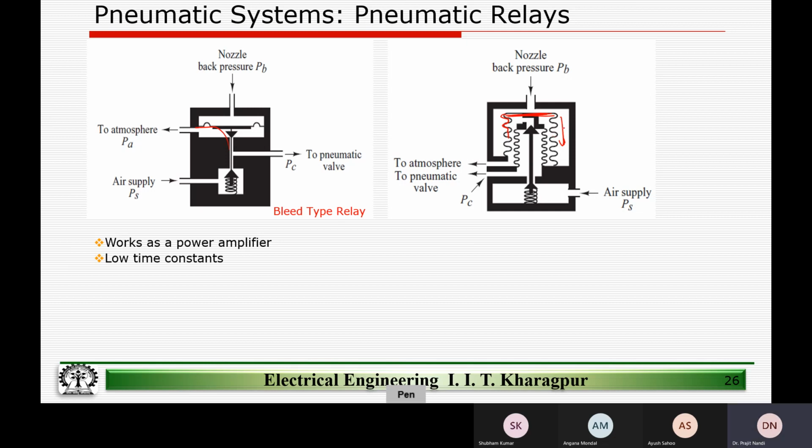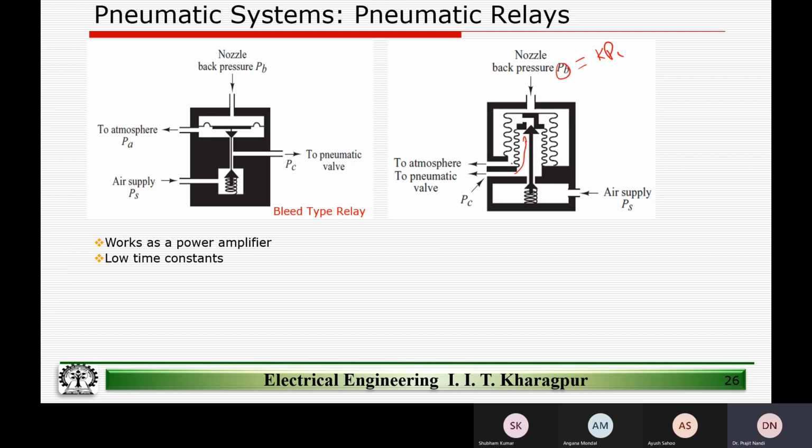At the equilibrium condition, when we have the desired back pressure developed, which is equal to K times PC, then this pressure will be equal to K times PB.